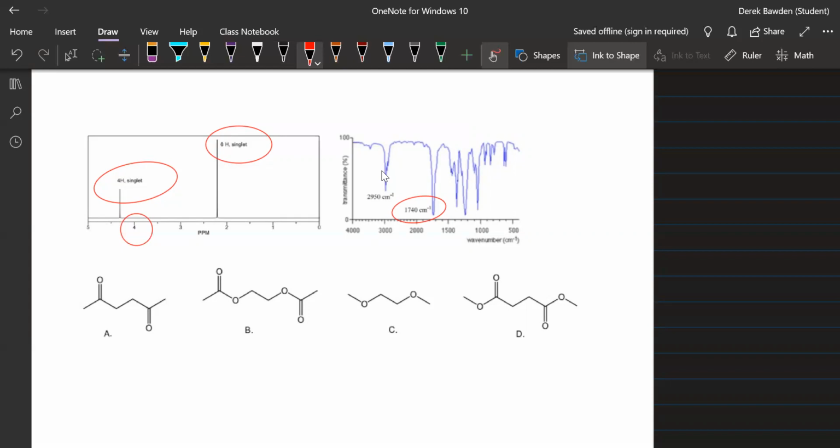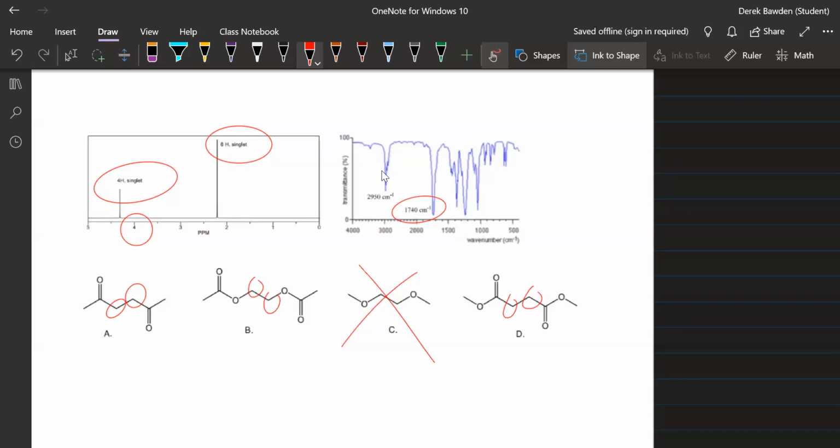So we know we need to have C double bond O so we can get rid of C. And we need 4 hydrogens to be near electronegative atoms. So here's our 4 hydrogens, whereas here's our 4 hydrogens, and here's 4 hydrogens.